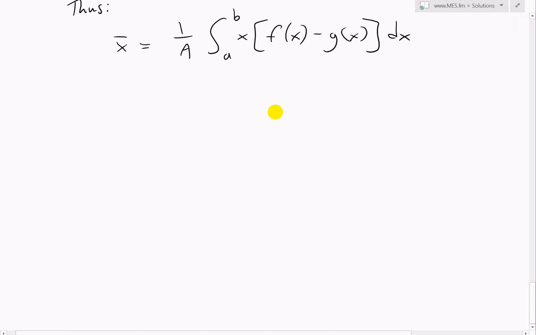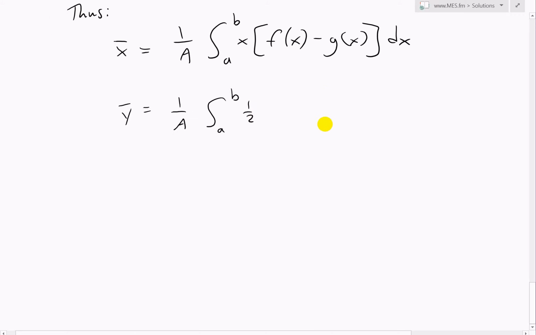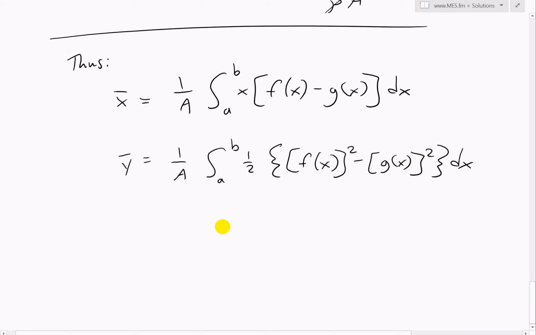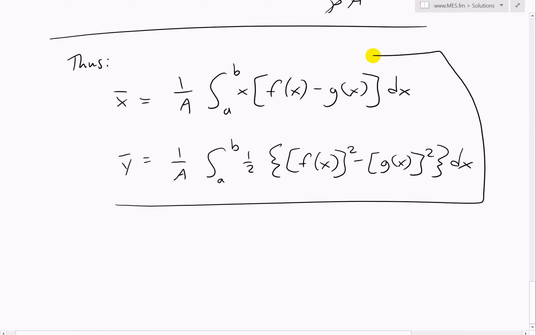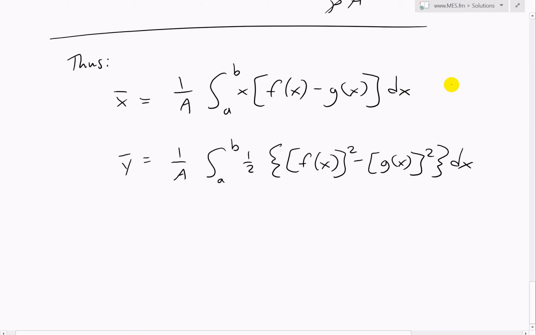And the y coordinate is 1 over A, the total area, integral from a to b, and again we have the 1/2 times the square bracket of f of x squared minus g of x squared dx. So this is our center of mass for a region bounded by two curves.